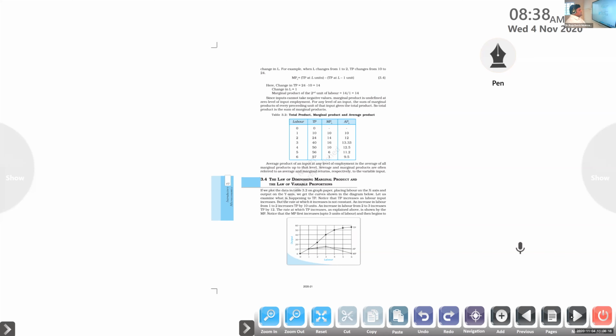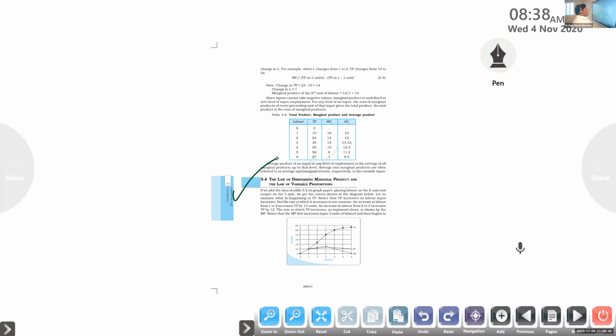Next, we discussed the law of diminishing marginal product. If we keep adding extra input, then after a limit, after achieving the maximum, the AP and MP are going to diminish. Marginal productivity will decrease.